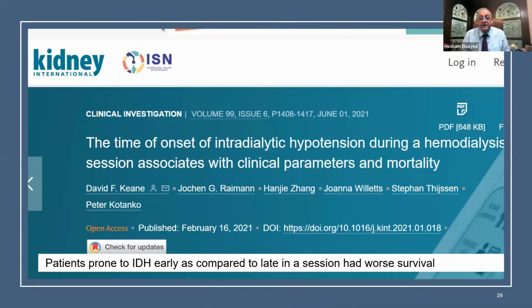The time of onset is very, very critical. If you experience hypotension during the first hour, exclude the ultrafiltration effect. You should investigate the patient for cardiac insult, autonomic neuropathy, plasma refilling, serum albumin and inflammation, as it carries the worst survival. So the timing of the onset of intradialytic hypotension is crucial.